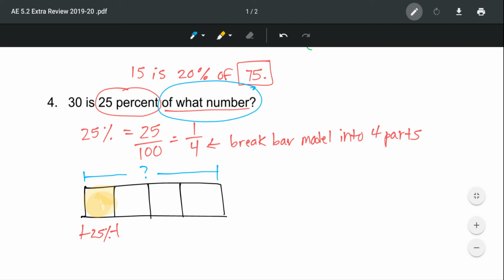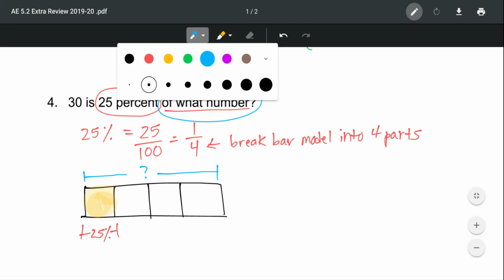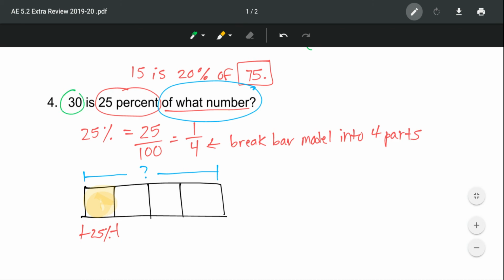We're told that 30 is 25% of your bar model, so 30 is 25% of the total. We're going to label this 1/4 as 30. If that part is 30 and each of these parts are all equal, the value of each part would also be 30.